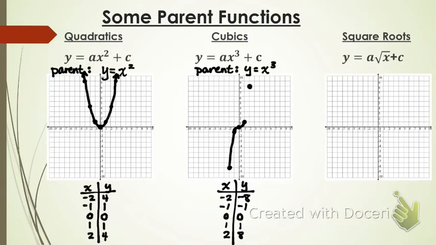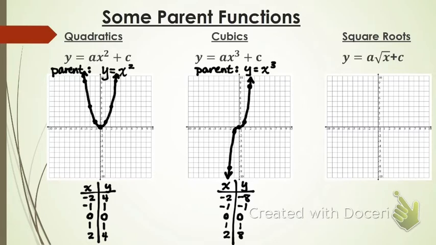If we were to pick some decimal values and model this with a calculator, we would see a curve there. With quadratics, we take the input and square it before we do any other transformations to it. With cubics, we take the input and we cube it before we do any other transformations to it.